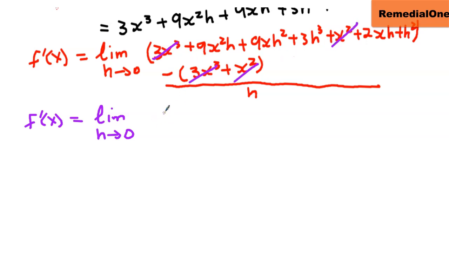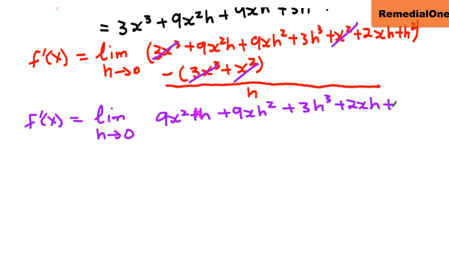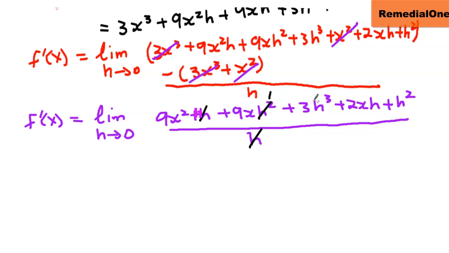So we got 9x squared h plus 9x h squared plus 3h cubed plus 2x h plus h squared, all on h. But this h will reduce this, take this one away. It will reduce this one to 1. It will reduce this one to 2. It will take this one away. It will reduce this one to 1.